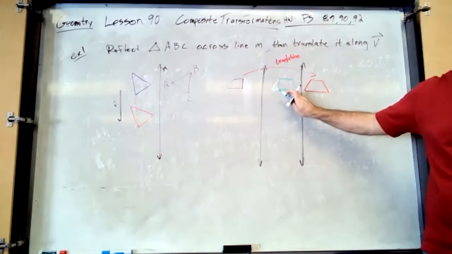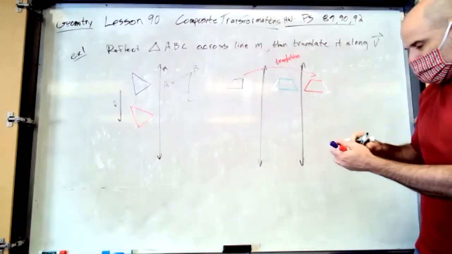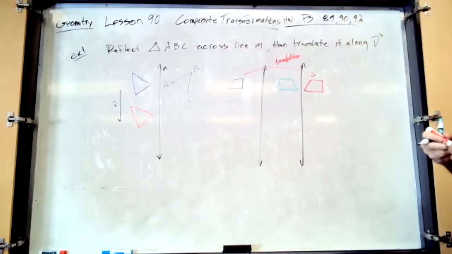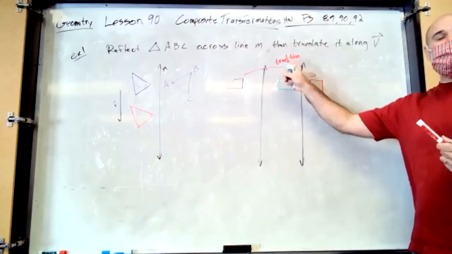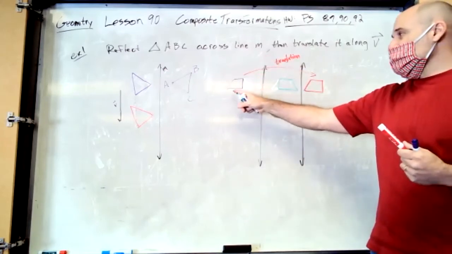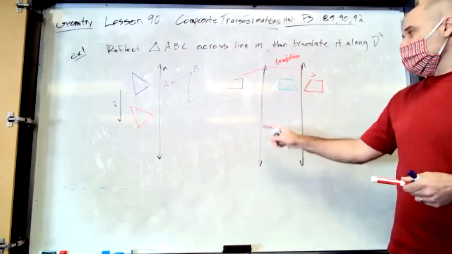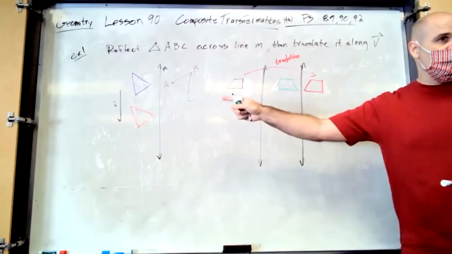But when I reflect this, look what happens. It goes back to the original orientation. Okay? So look, this is now a translation, but reflection across one parallel line is not a translation. But if you go two parallel lines, then it is a translation.